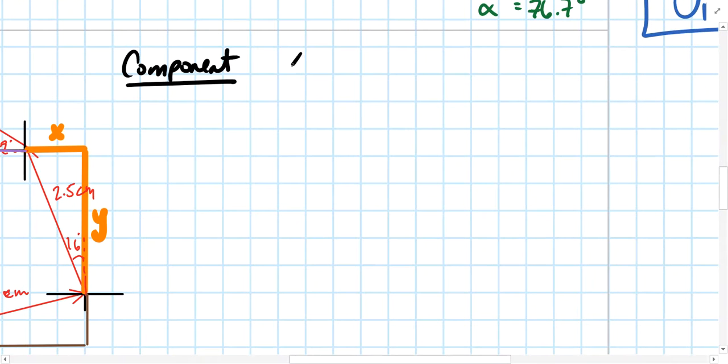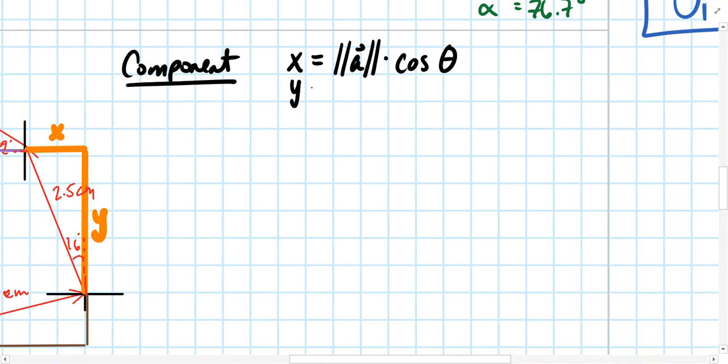If I want the horizontal component of any vector, as long as we choose the angle measure relative to the positive x-axis, the horizontal component, I'll call that x, and maybe I won't use the vector notation here. That would be the magnitude of the vector in question, so the length of the vector in question, times cosine of the angle measure in question.